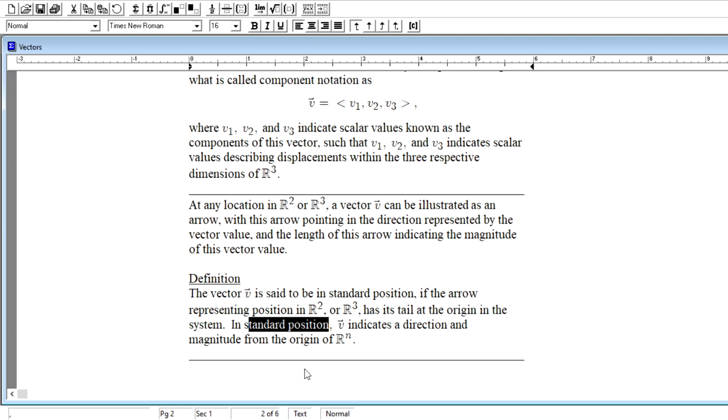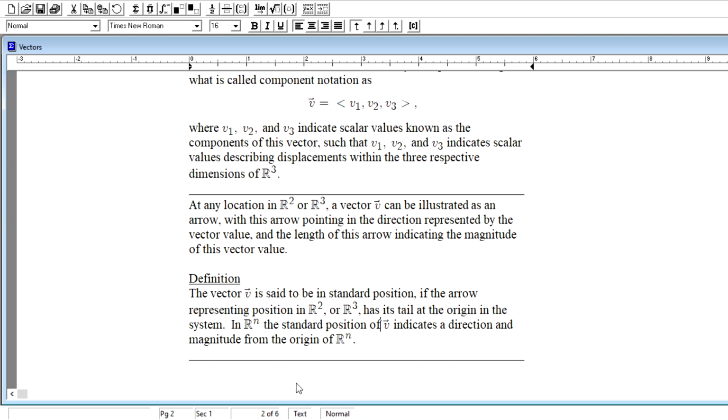In standard position, our vector v indicates both the direction and the magnitude from the origin of R sub n. Let's say it this way: the standard position of vector v indicates a direction and magnitude from the origin of R sub n, right?